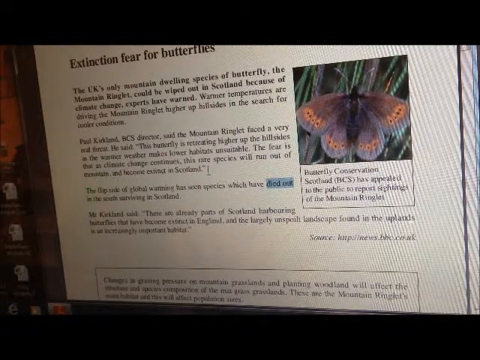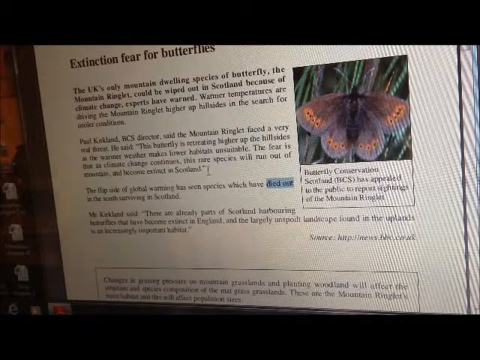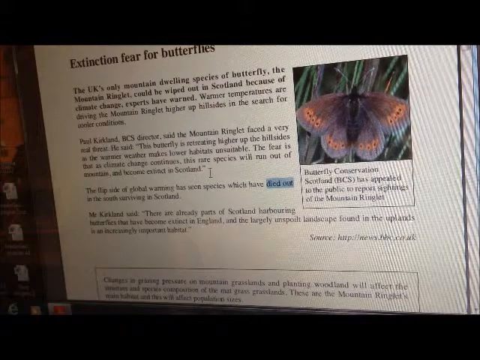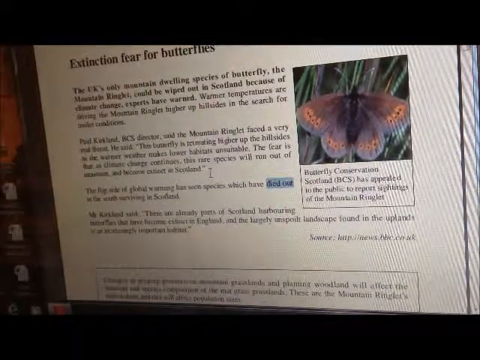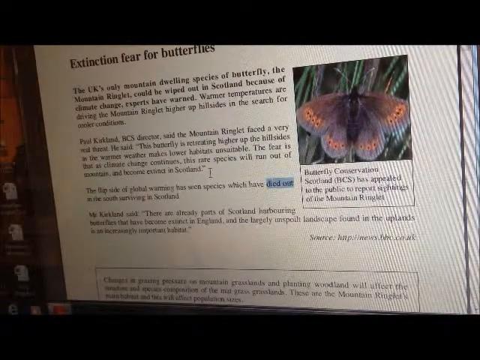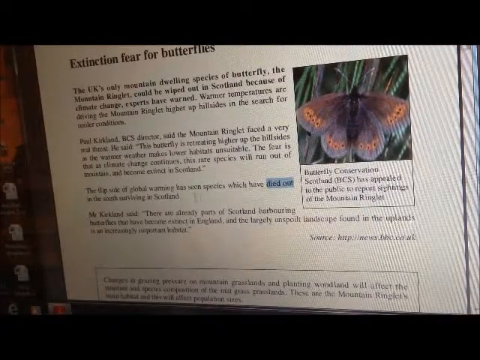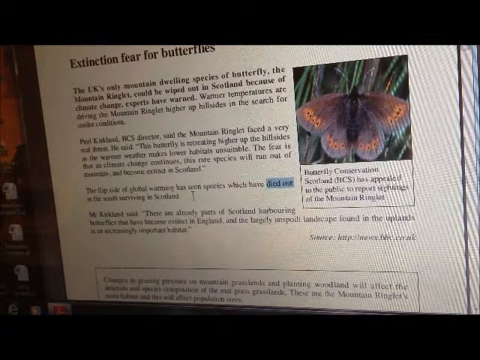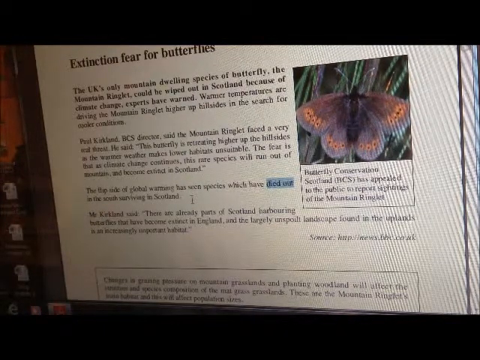The pattern also is that they'll be lost from England and Scotland and from lowland areas that are becoming too warm for it. But again, remember not to explain why this is happening. Also, there are other species that could cause it to become extinct.